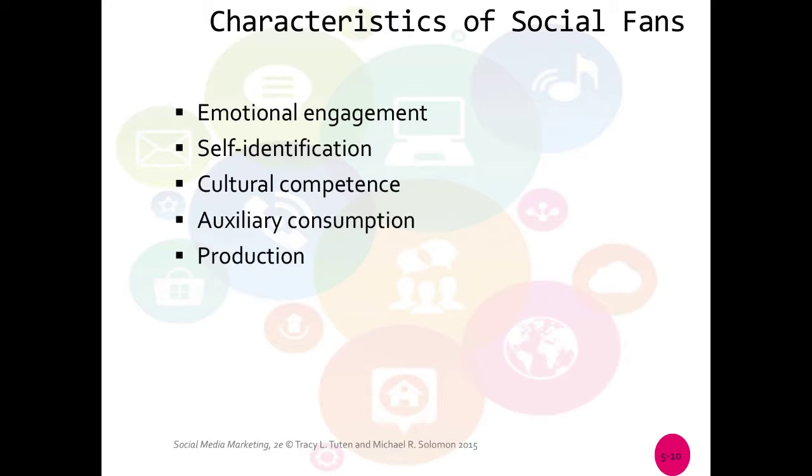So there are some specific characteristics of people who are that engaged, who are social fans of a brand. First is the emotional engagement. This is where the object is meaningful in the emotional life of a fan. The fan can really relate to the object or brand. Then there's self-identification, where the fan can identify with like-minded fans. You feel a camaraderie with other people.